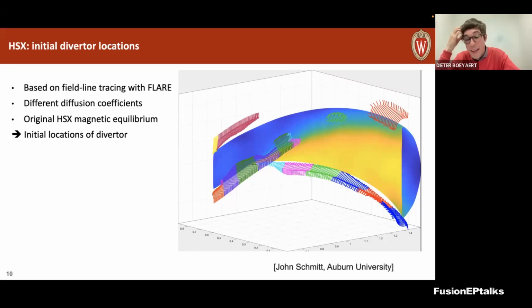Therefore, this is part of a major upgrade in which not only the divertor is included, but also a lot of the other systems are updated. One of the other things that we are aiming for is to increase this pulse length from 0.2 seconds to 1 second, so that we can study that further.